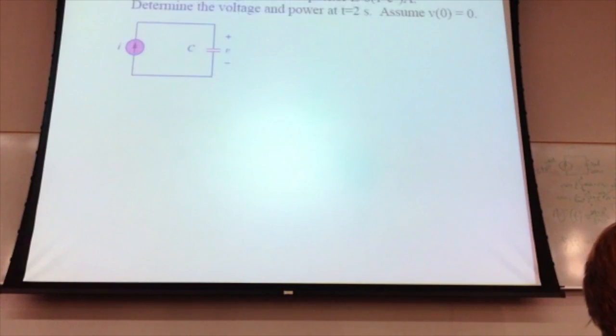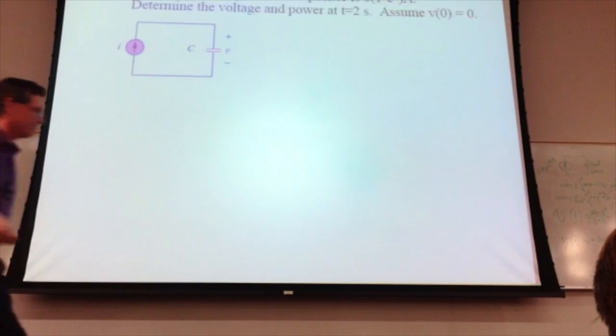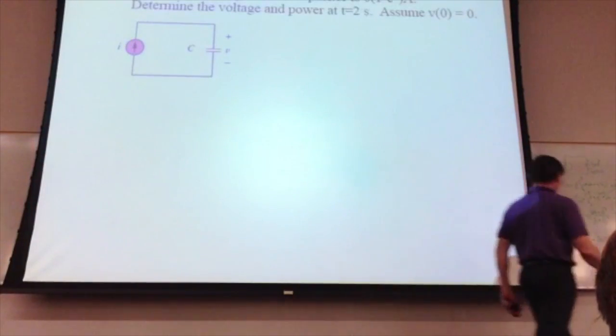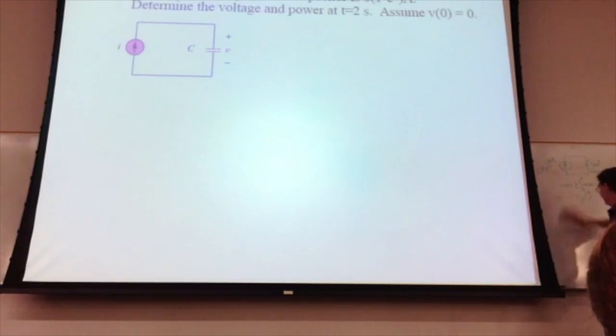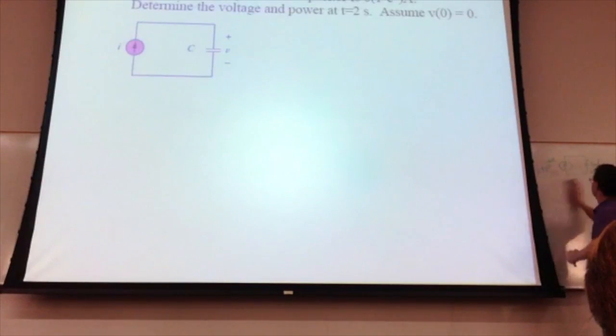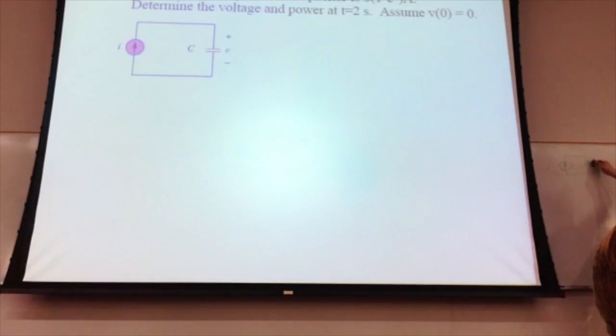All righty. Now let's do another. The current through a capacitor is given by 6 times 1 minus e to the minus t. Again, an independent current source. The capacitor has a current through it, and the voltage at 0 is 0.